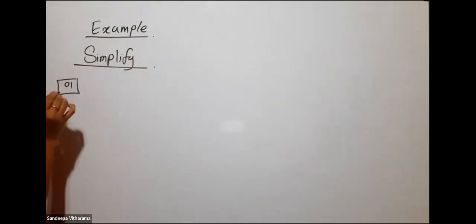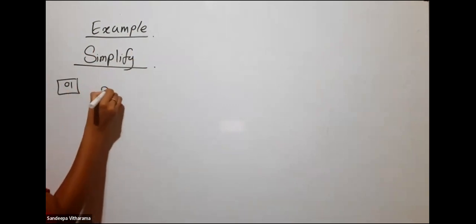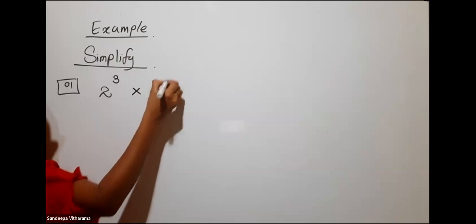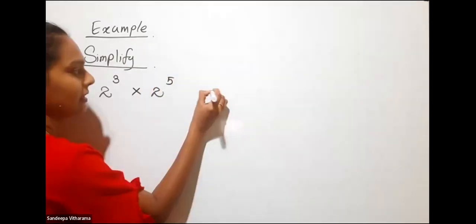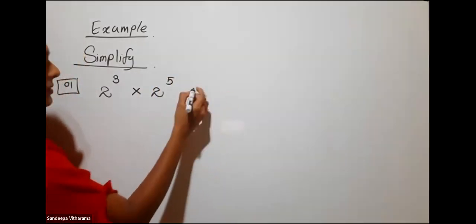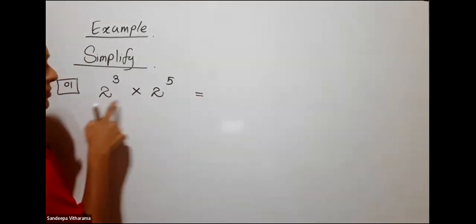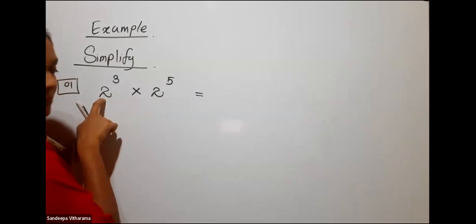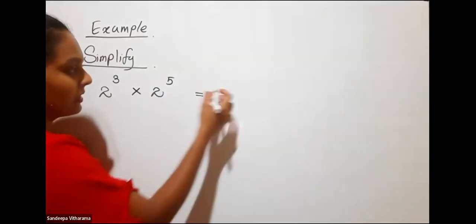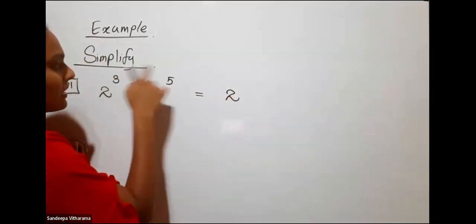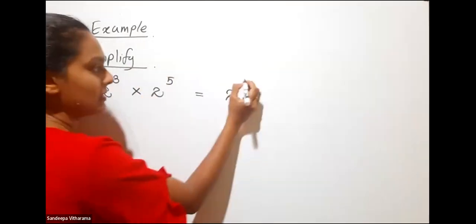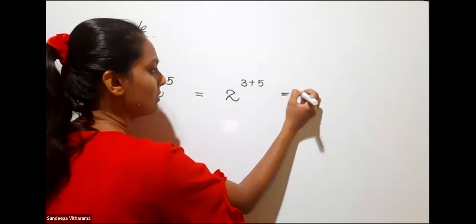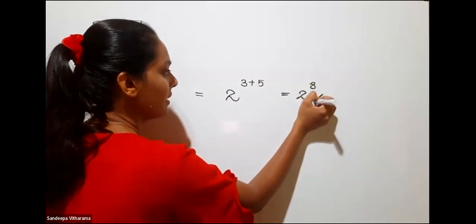First one is, it is given that 2 to the power of 3 multiplied by 2 to the power of 5. Now what you have to do is detect that these two powers have the same bases. What are their bases? 2. 2 is the base. Then we can add their two indices. 3 plus 5. What is the answer then? 2 to the power of 8.